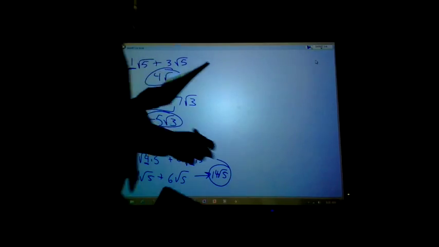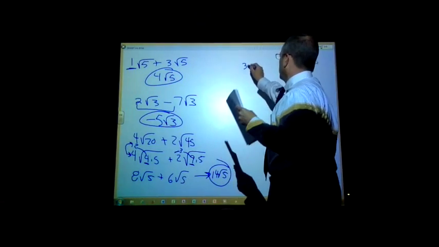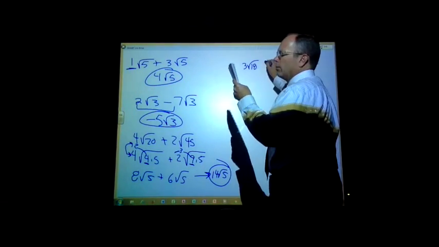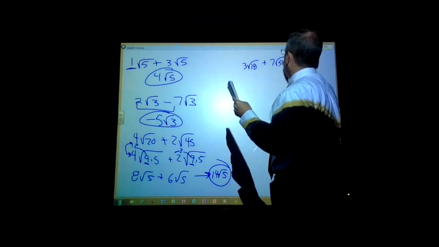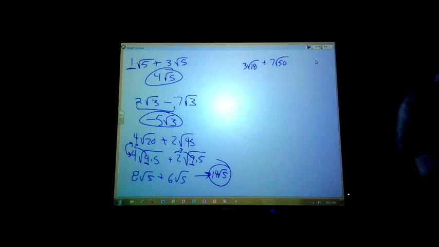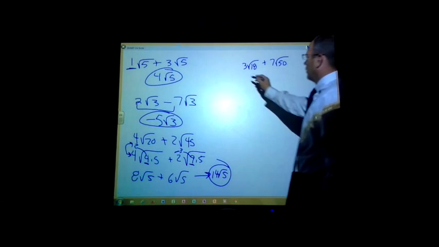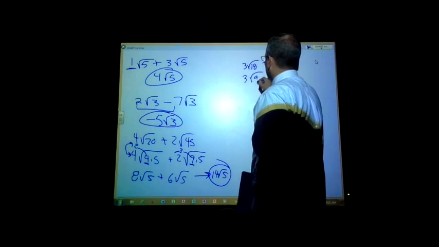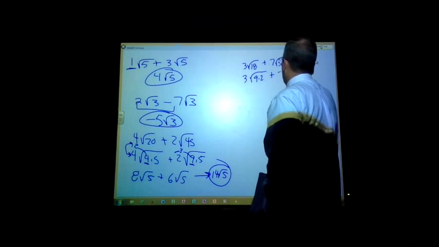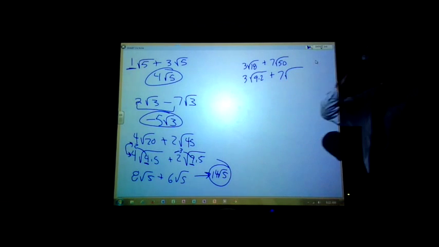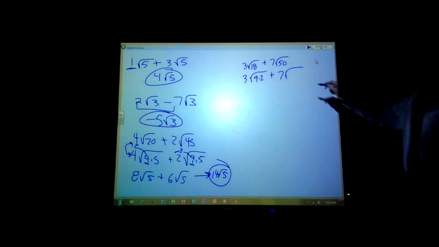Problem number 4, we have 3 root 18 plus 7 root 50. They do not appear to be like terms yet, but I think I could break 18 down to what times what? 2 times 9. 6 times 3 is also correct, but we're looking for the largest perfect square. And then 50 is the same thing as what times what? 25 times 2.